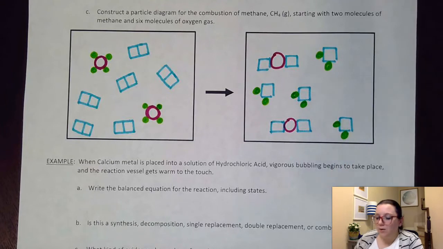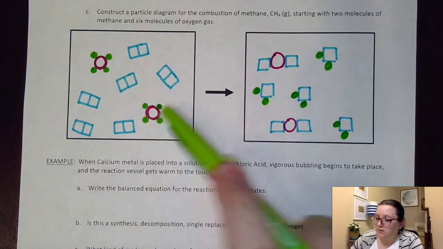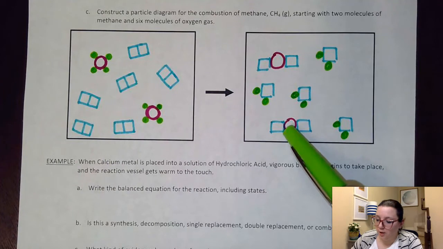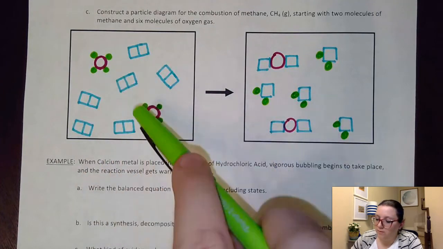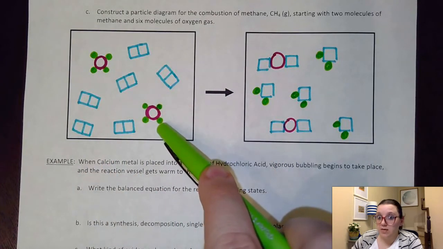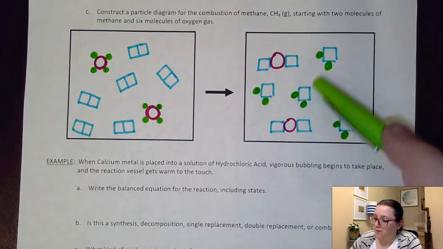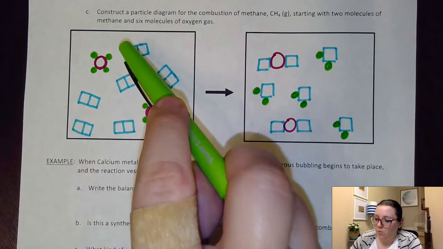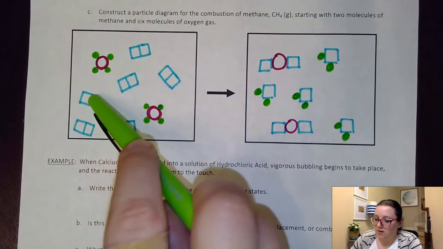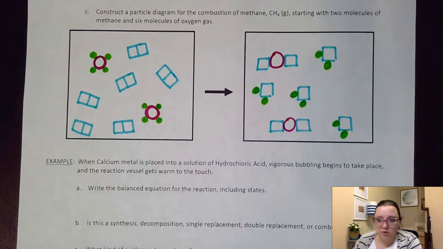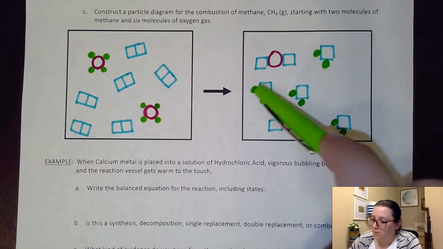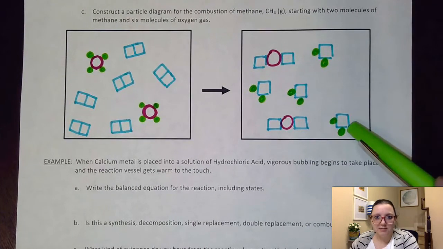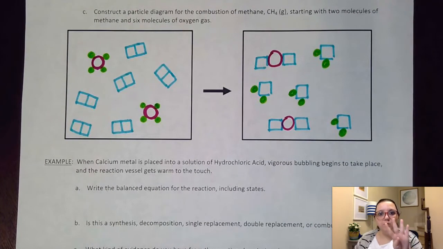And so right now I can see my 2 pinks, so those are good to go. My 1, 2, 3, 4, 5, 6, 7, 8 greens. Okay, let's check blue boxes. I have 1, 2, 3, 4, 5, 6, 7, 8, 9, 10, 11, 12. Well, look how many I've drawn so far. 1, 2, 3, 4, 5, 6, 7, 8. That means I've got 4 more blue boxes to draw.